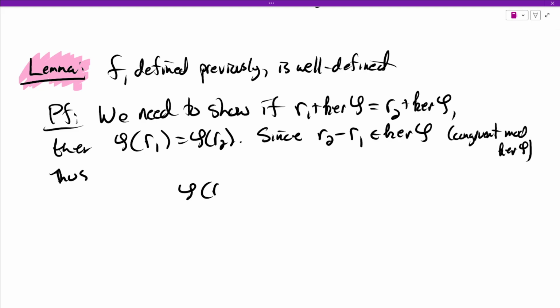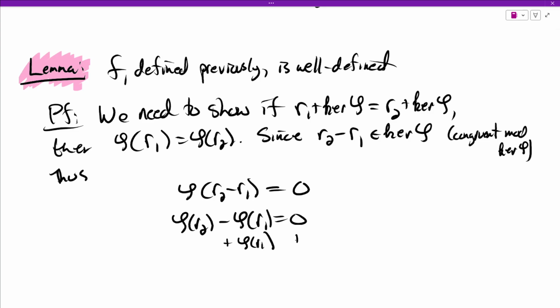Well, that means that when we plug that difference into phi, we have to get 0. Well, phi breaks up under subtraction, and we can add phi of R1 to both sides. So phi of R2 is phi of R1. And that's our first lemma.